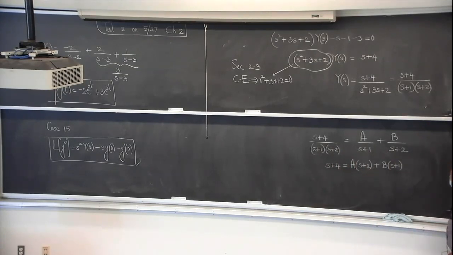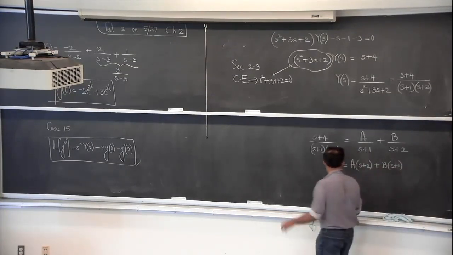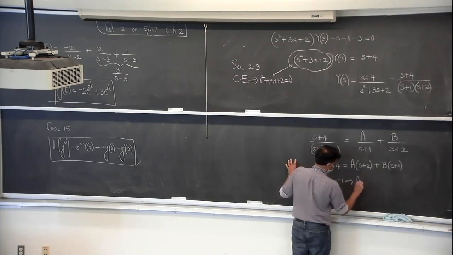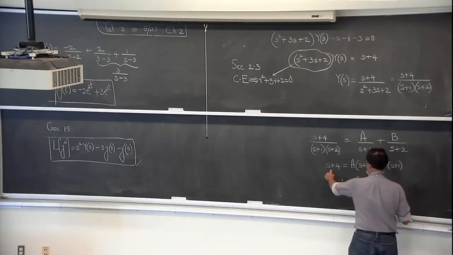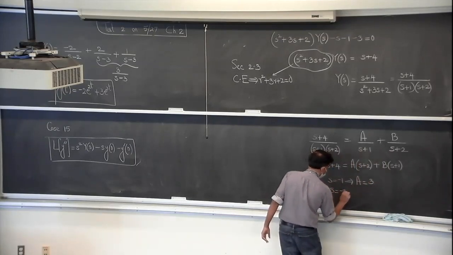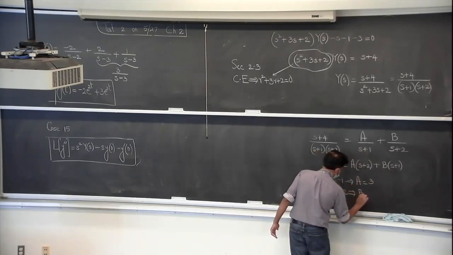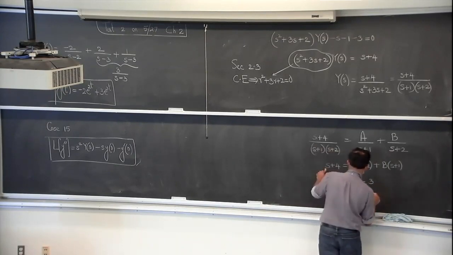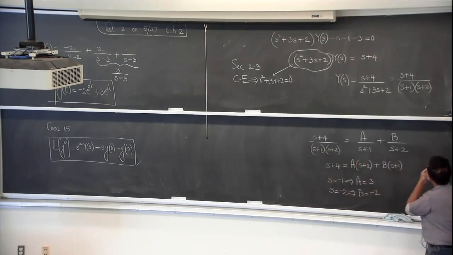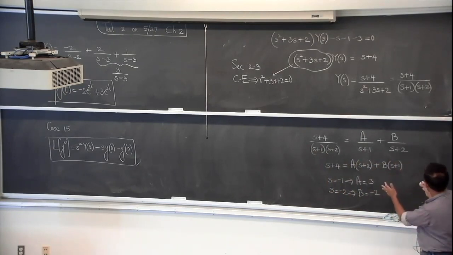All right, so as usual, plug in some convenient values here. S equal to -1 gives you a equal to 3, and s equal to -2 gives you b equal to -2. So that is the partial fraction work I needed for that question.